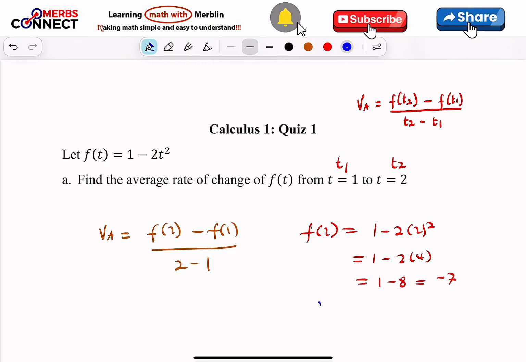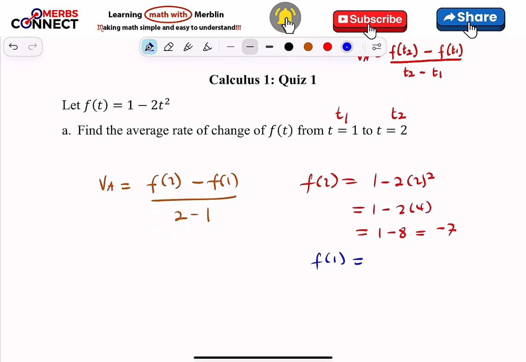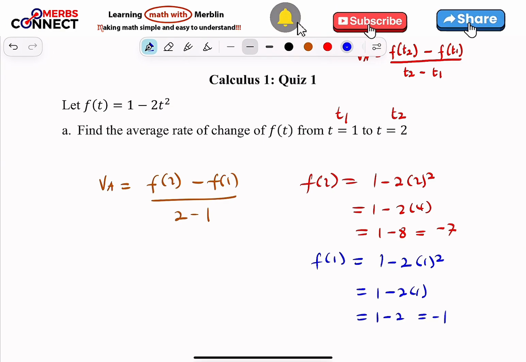I also need f of 1. Same thing, substitution: 1 minus 2 times 1 squared, which is 1 minus 2, and this is equal to minus 1.